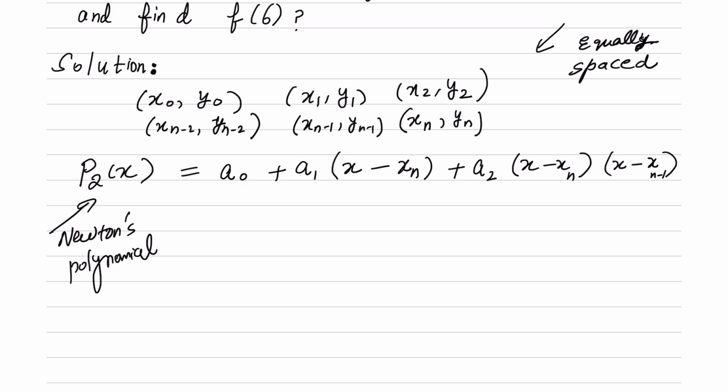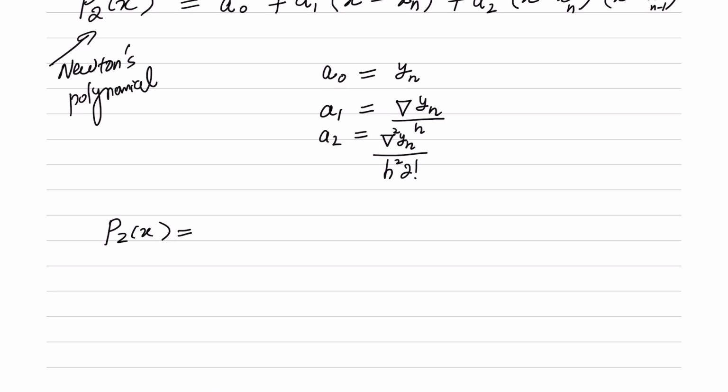Now we are going to convert this polynomial into the backward differences operator form. We will convert a0, a1 and a2 into the backward differences operator form. a0 in backward difference operator form is yn, the last y. a1 is backward yn over h, and a2 is backward square yn over h square 2 factorial.